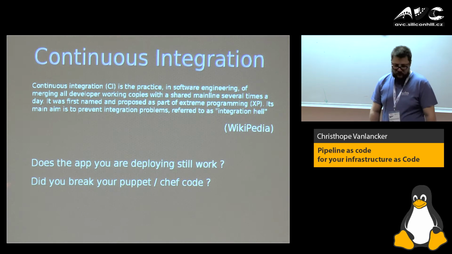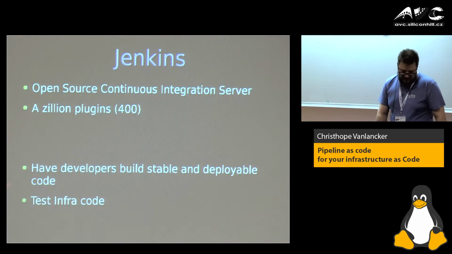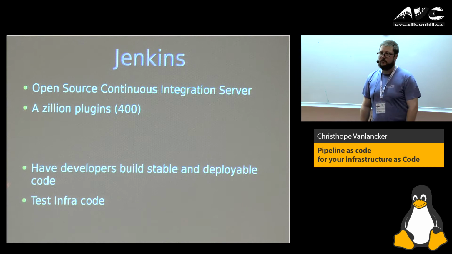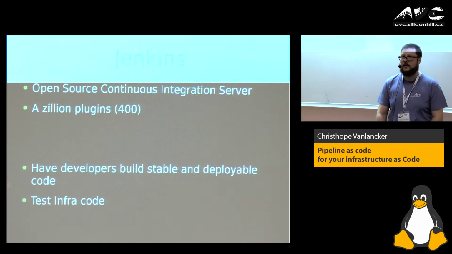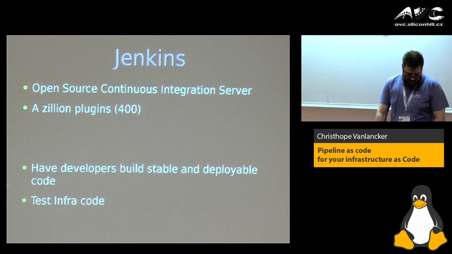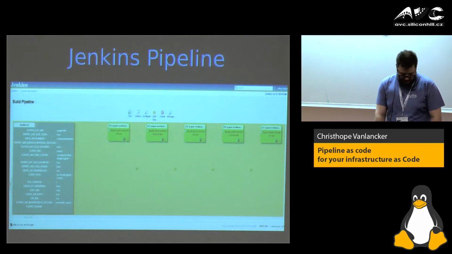So testing, etc. We use Jenkins. Jenkins is a tool that helps you automate your processes on how you build software and how you deploy it. There are a zillion plugins for it. So what does a pipeline look like?